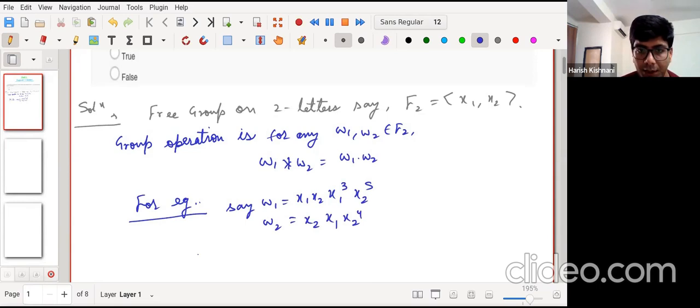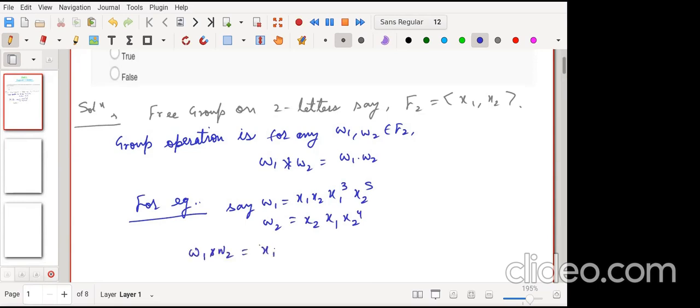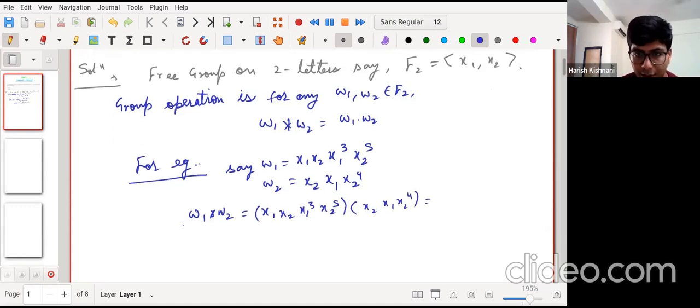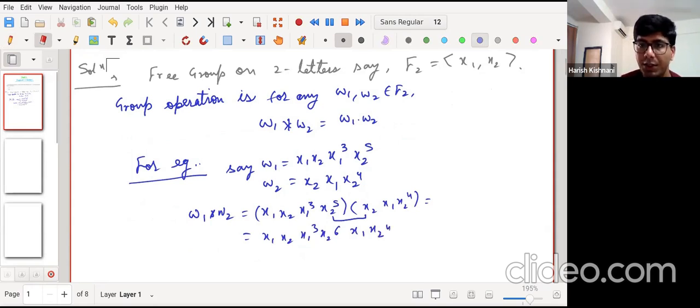So W1 star W2 is just putting them together by adjoining. And definitely you need to cancel or add powers, because that is under the equivalence classes. The power of x2 will add at the end, otherwise it's the same: x1 x2 x1 cubed x2 to the 6 x1 and x2 to the 4. So this is the group operation.